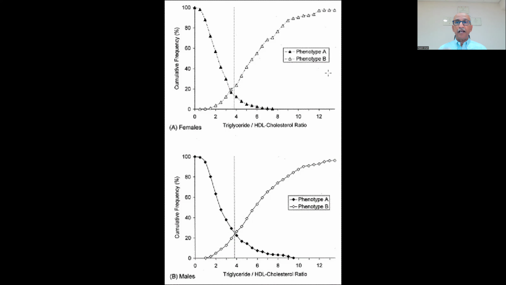Phenotype B is a small dense particle, which I give you an analogy like a golf ball, because when they move through the arterial system within the blood medium, there is a chance that it may get oxidized, number one, because of the smaller surface area. Number two, if it turns the corners of the arteries, it may pierce through the endothelial layer and create damage.